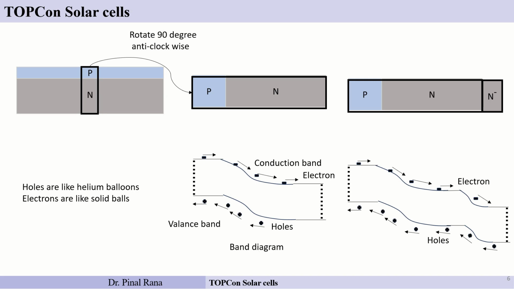That is mainly because it forms an N minus junction. This N minus junction will further reduce the energy band gap, so that instead of recombining, the electrons will further move down, and the holes will further move up. This reduces the surface recombination losses and improves the solar cell performance.